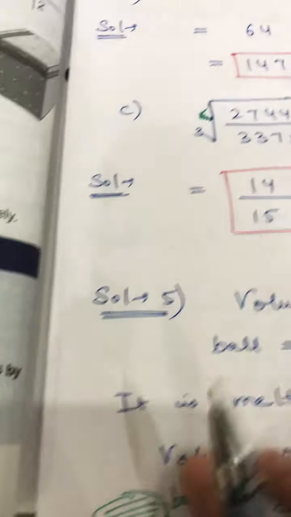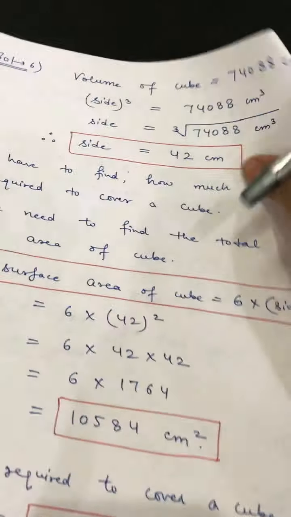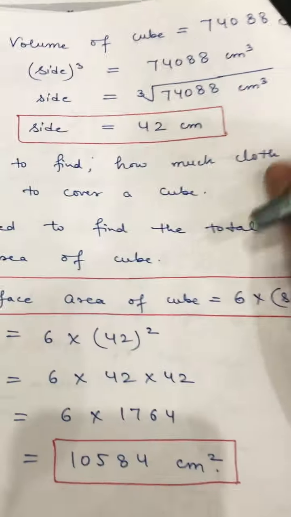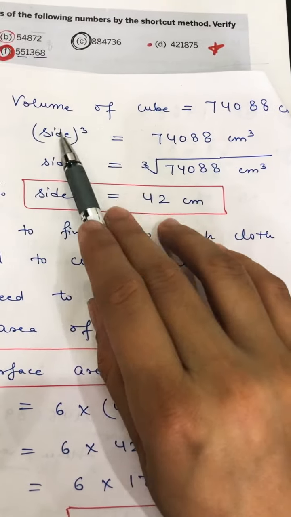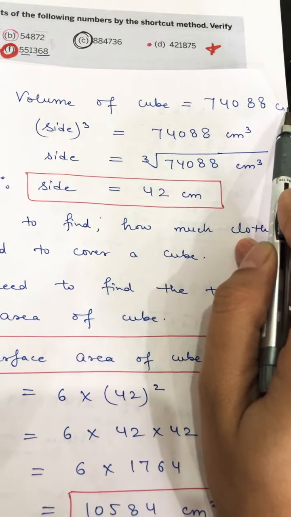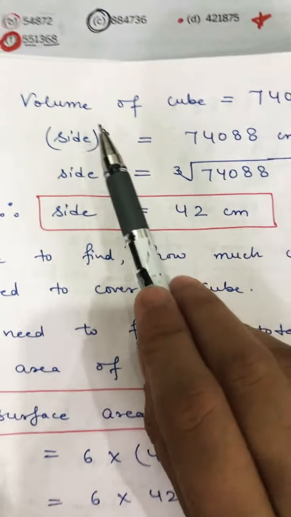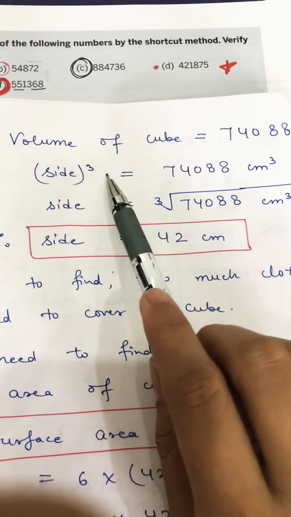Got it? So first of all, here is question number 6. What is given to you? The volume of the cube is given: 74088 centimeter cube. Write down the formula of volume of cube that we have written in the previous question also. It is side cube.